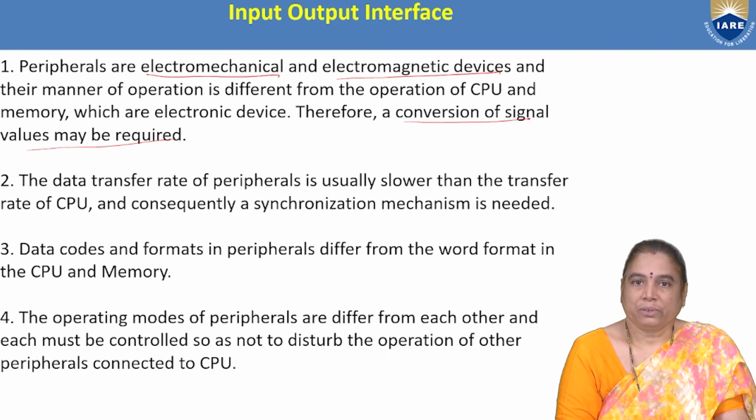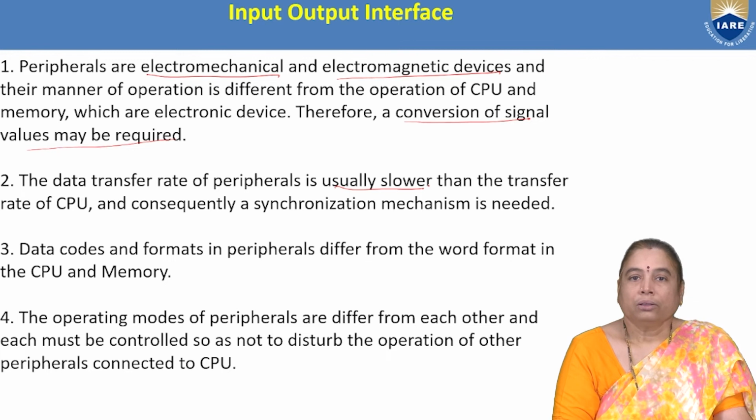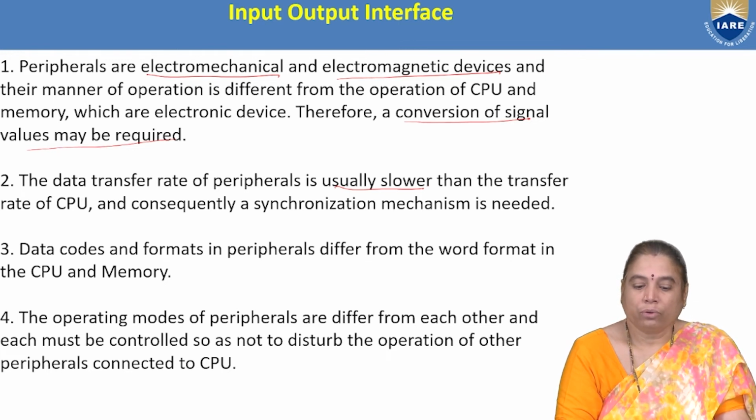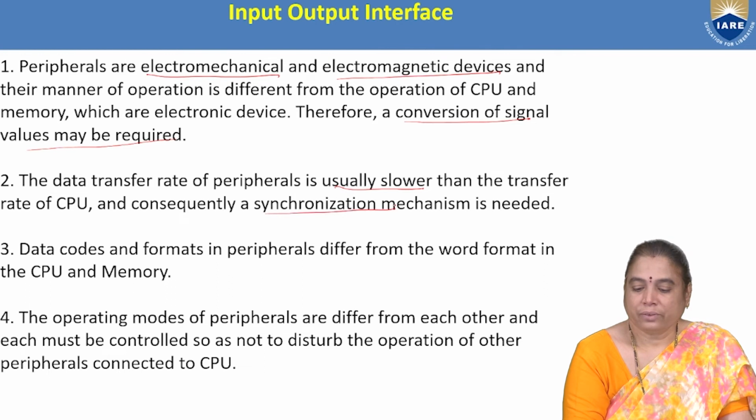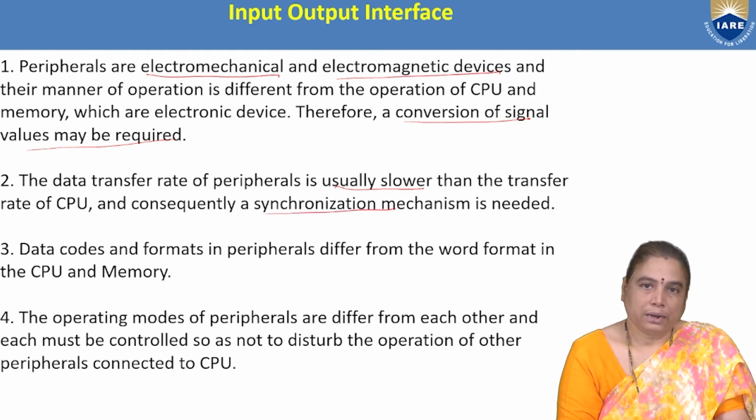This has to be solved with the help of the interface. And the data transfer rate of peripherals is usually slower. The rate of data transfer of an input-output device is slow when compared to the CPU. So to synchronize these speeds, a synchronization mechanism is needed. That synchronization is done with the help of the interface.